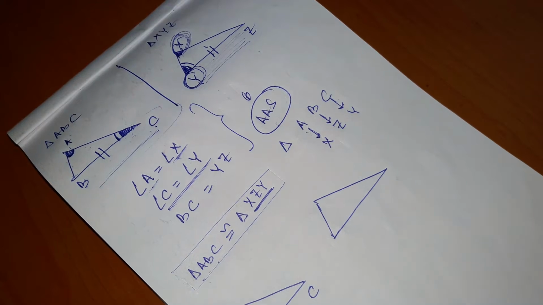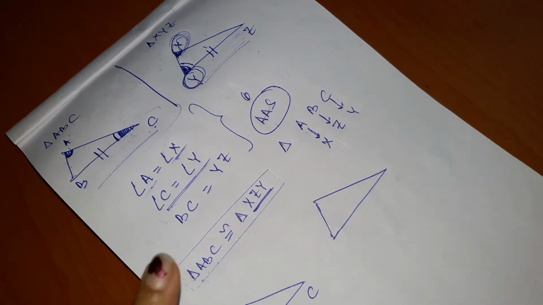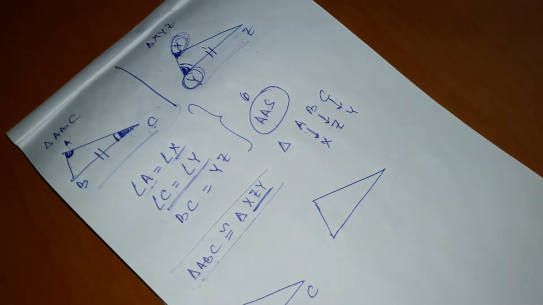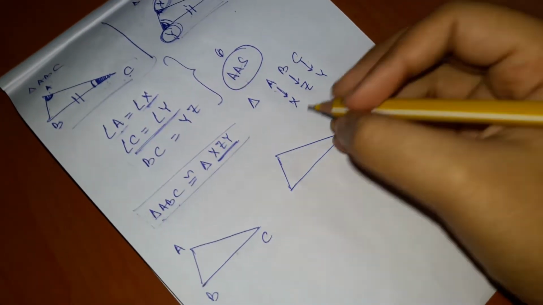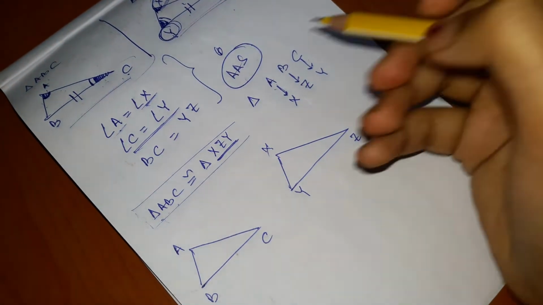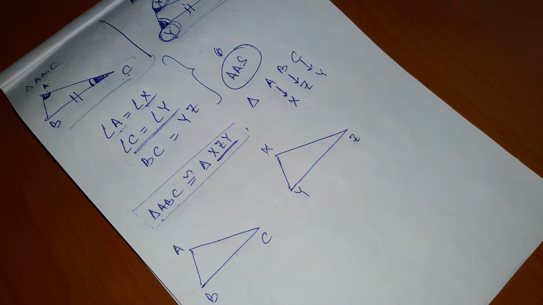Now if I want to recheck whether I am correct or not, how am I going to recheck? So look here. Suppose this is ABC, this is XYZ. I want to recheck whether this statement that I have written is correct or not.